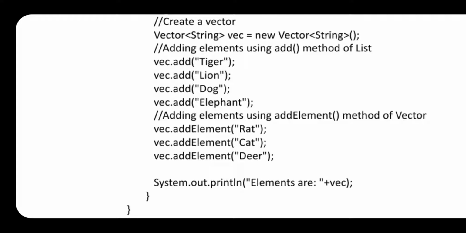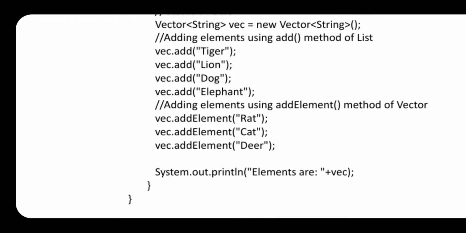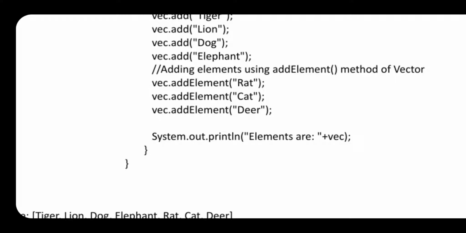Now, already you have defined it. Now the string Vector vec will have 4 string values, but it is going to be extended by elements now. vec.addElement rat, cat, deer. Is it fine? Now once again you have entered 3 elements. So what is it going to display now? System.out.println elements are vec.